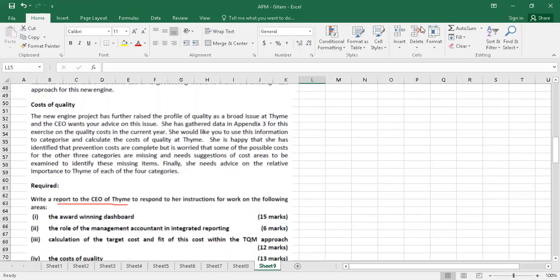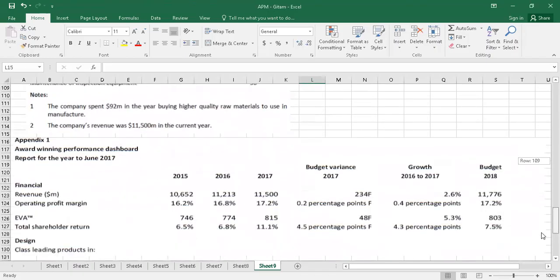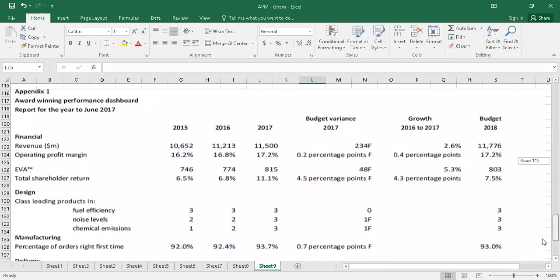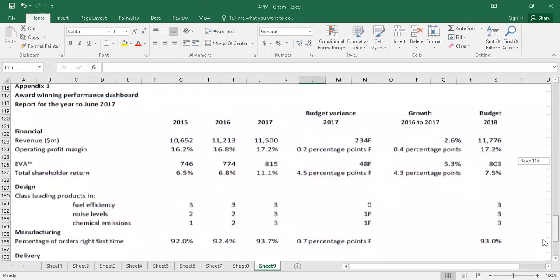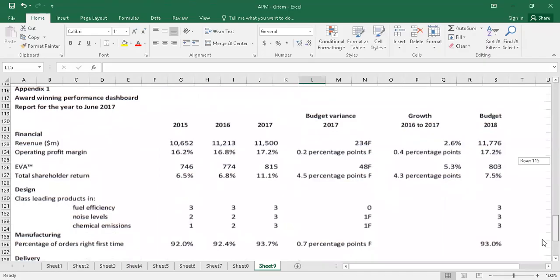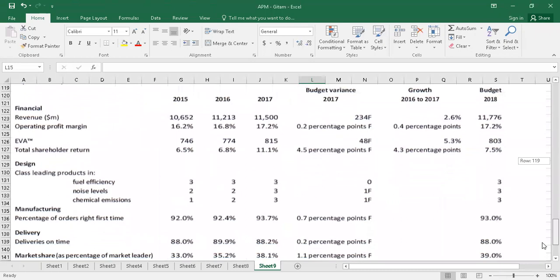Why is this performance dashboard award winning? Will it be suitable for them? This is a dummy dashboard that is prepared. We need to look into this dashboard and talk about why it is an award winning dashboard.